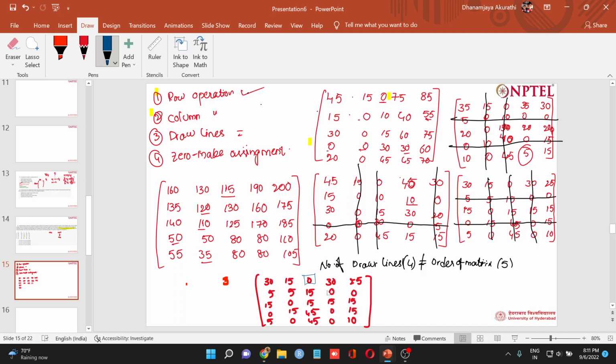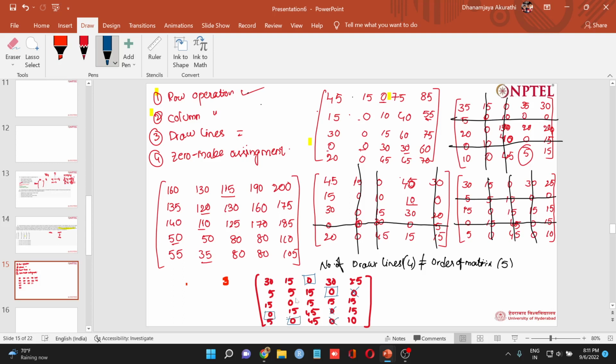In the second row, I had 0 at the fourth position. If we assume that way, then I am choosing this and crossing out this, crossing out this and this. So here I am crossing out, then it is only the one, and here it is only the one because I am crossing this.